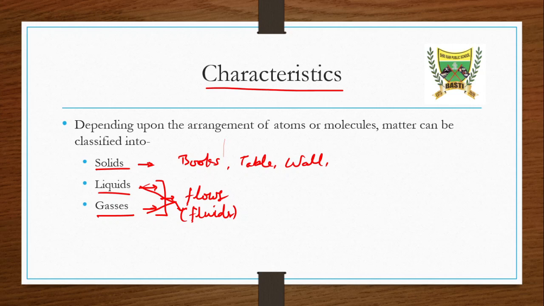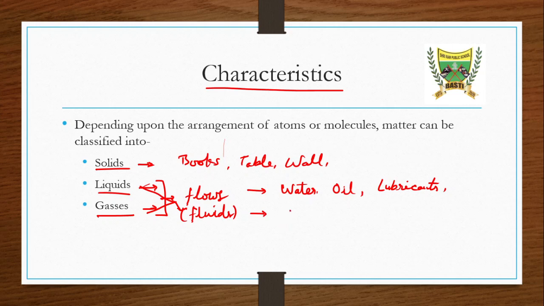Now if we have to take some examples of liquids, we can say that water is a liquid. Oil that we use, whether in cooking or applying on the body, and any kind of lubricants that we put in our bikes, these things are liquids. And what are gases?